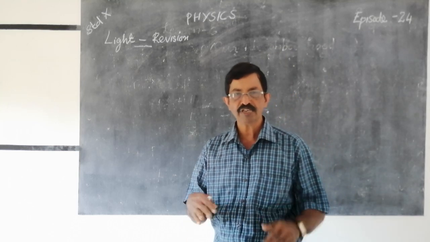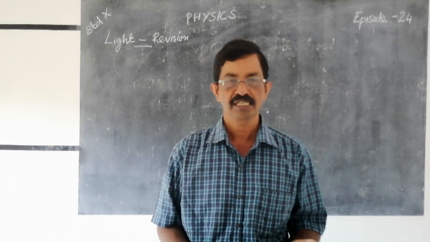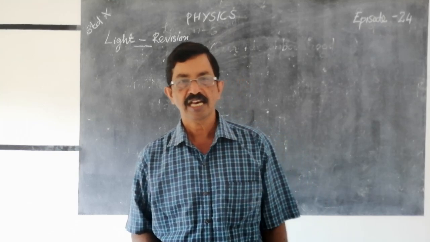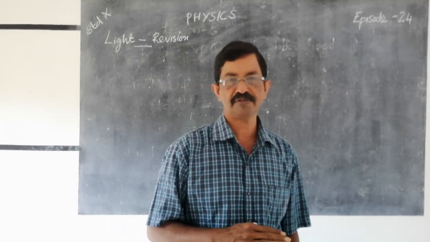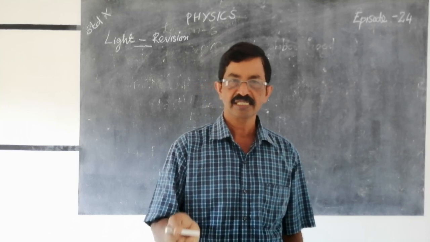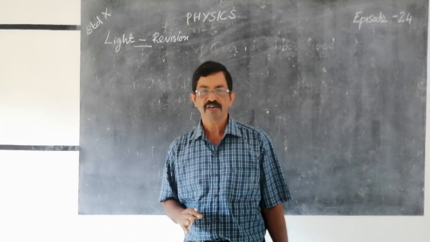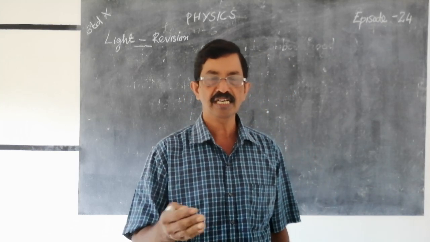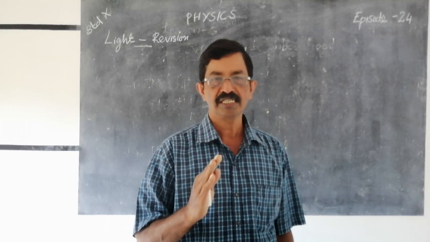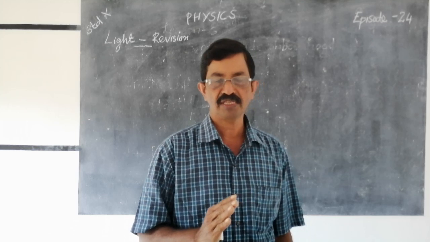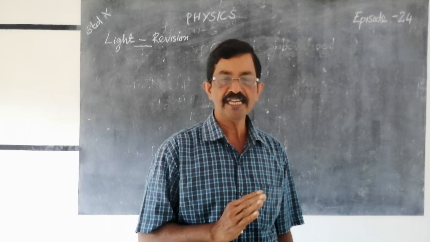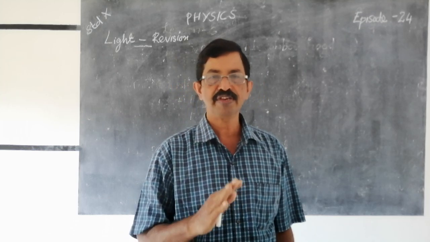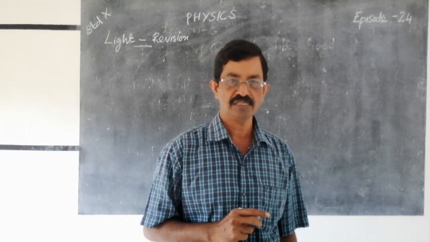That means we see an object when light falls on it, and that light, when reflected, falls in our eye. That means when an object reflects light, and we receive that light, we can see that object.